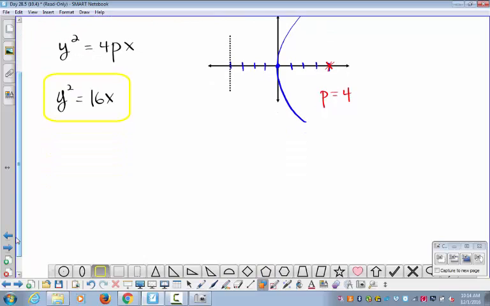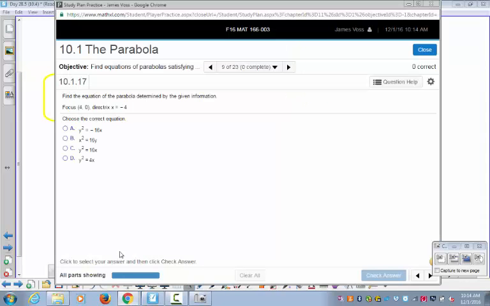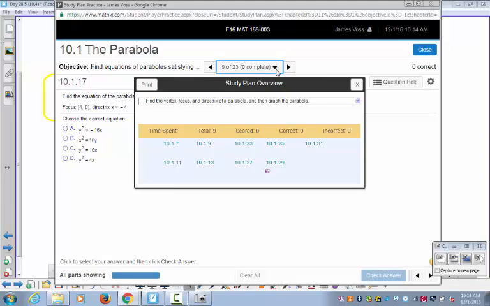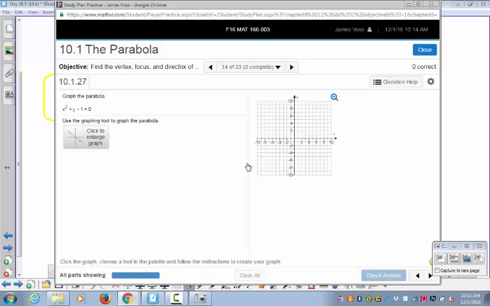We'll grab one more of those and let you guys try it. Those can take a little bit of thought. Those are good practice. Let's see.